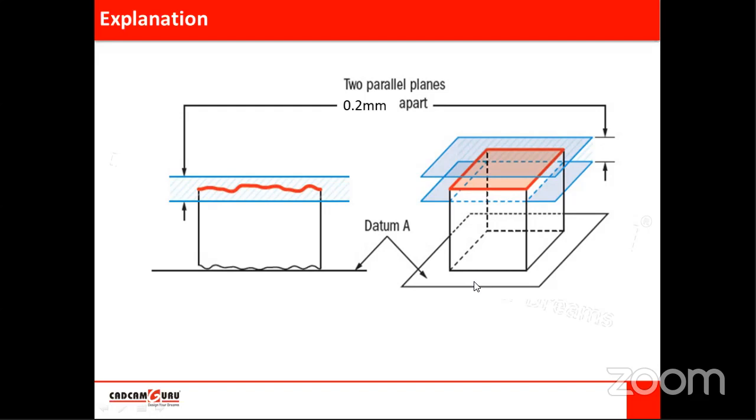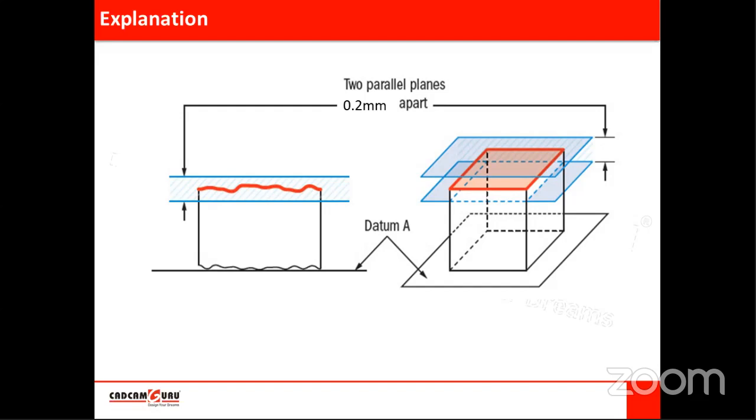Here the condition is different. Last time, when we were discussing flatness, we said that the planes containing this surface should be parallel to each other, whatever the orientation may be. We were not talking about the orientation of that surface.